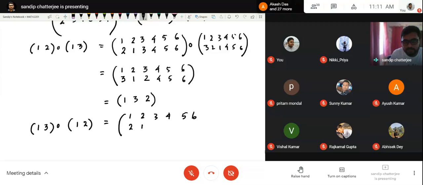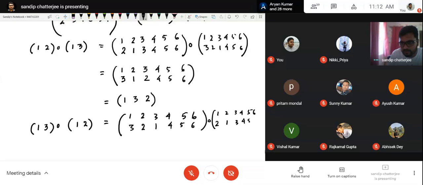This transposition 1, 3 maps 1 to 3, 2 to 2, 3 to 1, 4 to 4, 5 to 5, 6 to 6, and the other mapping is 1 to 2, 2 to 1, 3 to 3, 4 to 4, 5 to 5, 6 to 6.